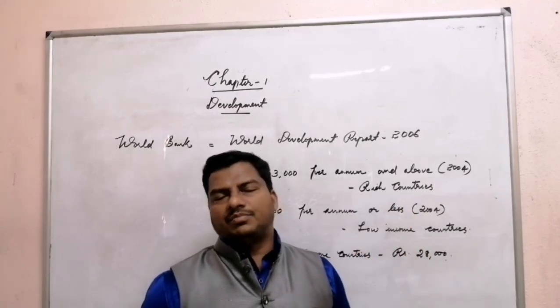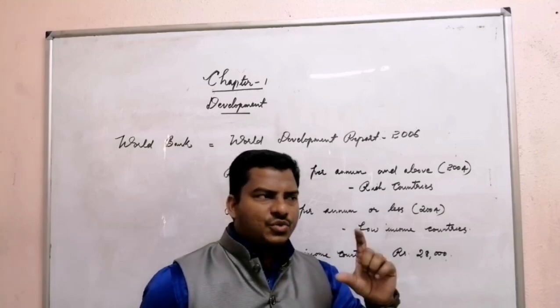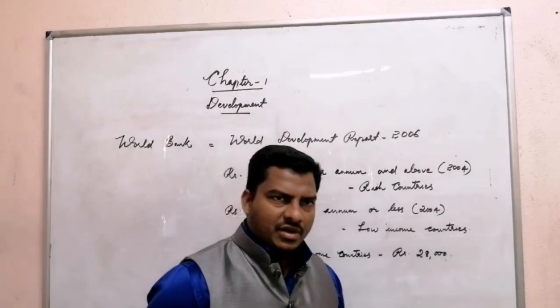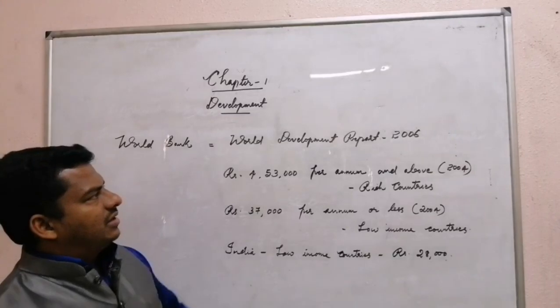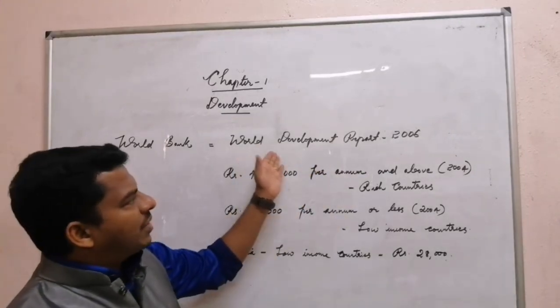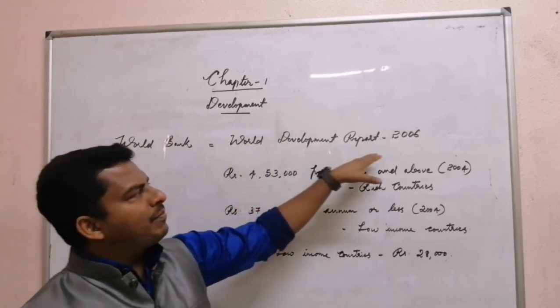In that part, we discussed that the World Bank has used per capita income as an indicator of economic development. According to the World Bank, in 2006, the World Bank has been publishing a report known as the World Development Report.